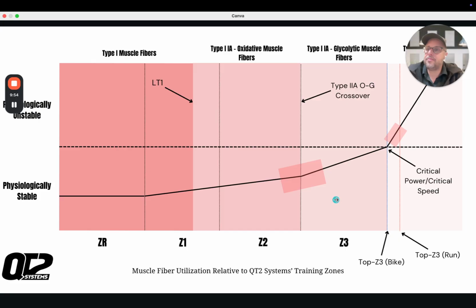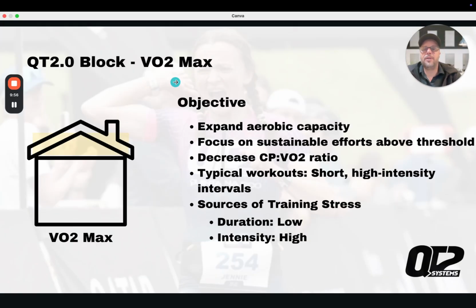Next up, we have a VO2 max block. The objective of this block is to expand our aerobic capacity by raising the roof of the house, focus on sustainable efforts just above threshold, decrease our critical power to VO2 ratio, and typical workouts will be short, high intensity intervals.